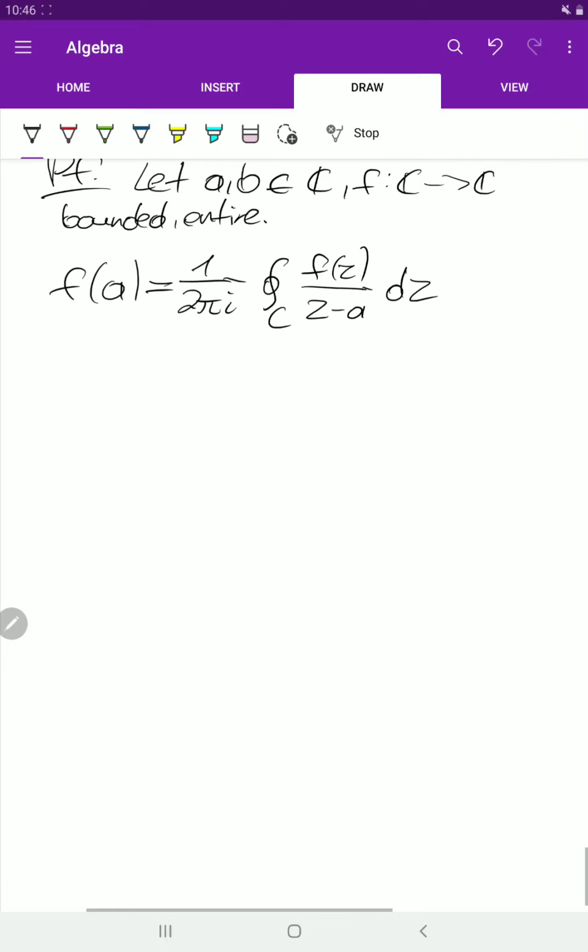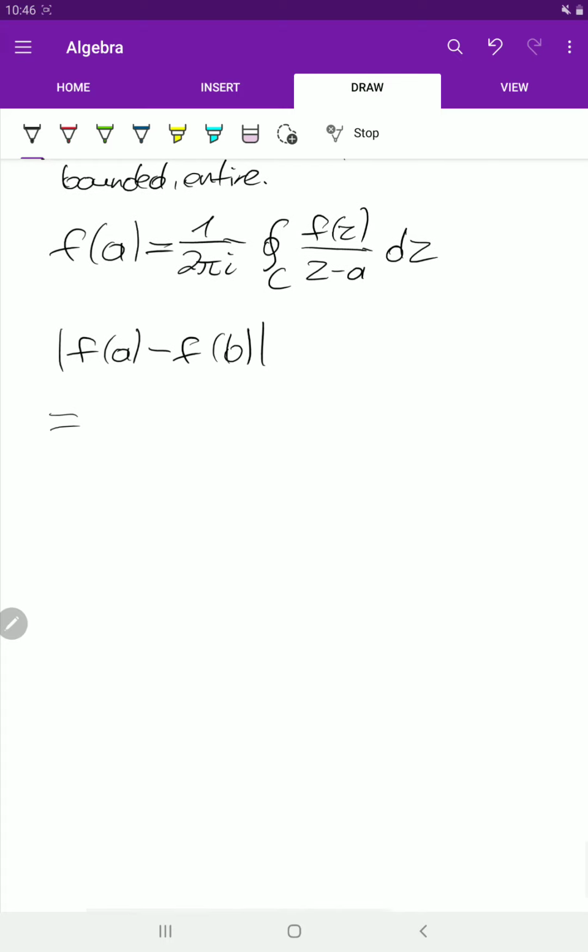And we'll specify the curve c later. So we want to prove that f of a is equal to f of b. At first we take a curve such that a and b are inside of the curve.